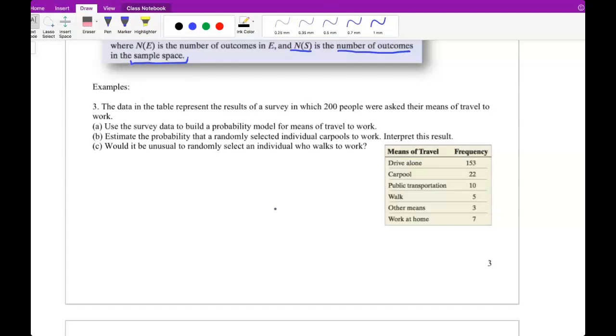Now, example: the data in the table represent the results of a survey in which 200 people were asked their means of travel to work. So in this table we have the frequency for each group. Part A: use the survey data to build a probability model for means of travel to work.